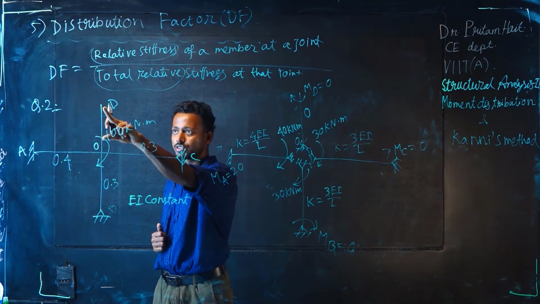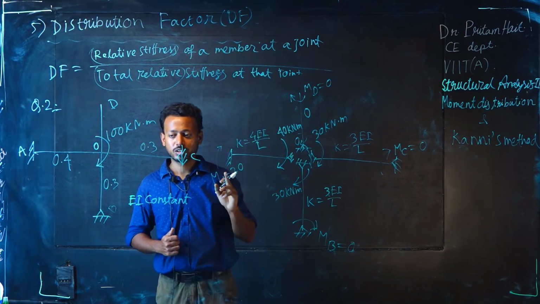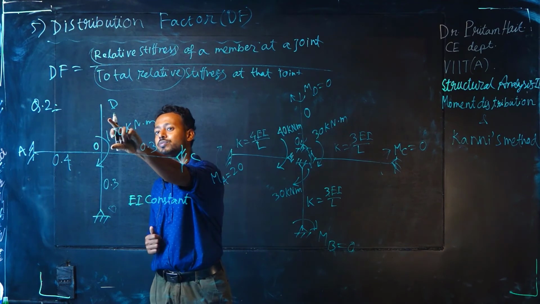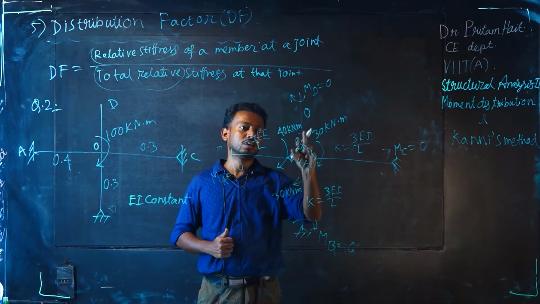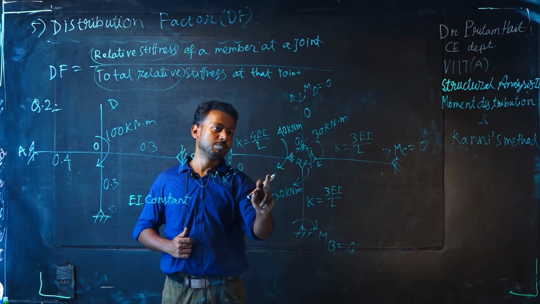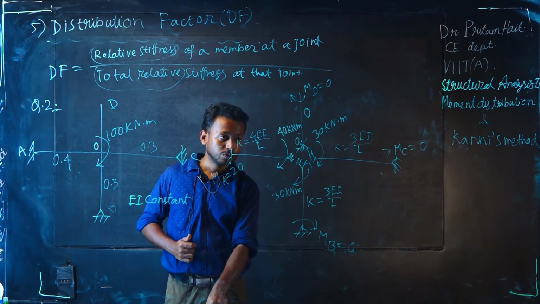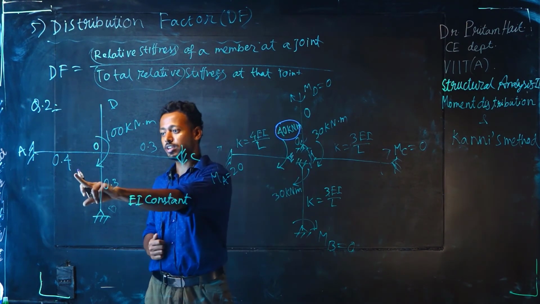As this is a free end, it is unstable, so it won't take any moment, right? So no moment will be transferred to the beam OD. The 100 kN moment will be transferred to the other beams. For this beam, it is 40 kN, because the distribution factor is 0.4.